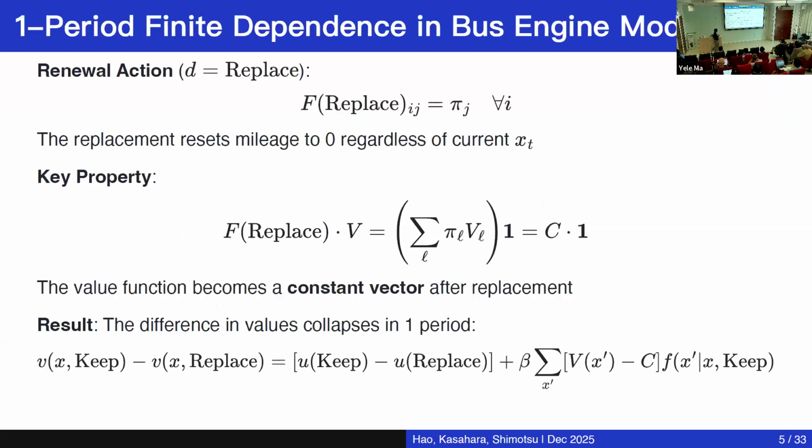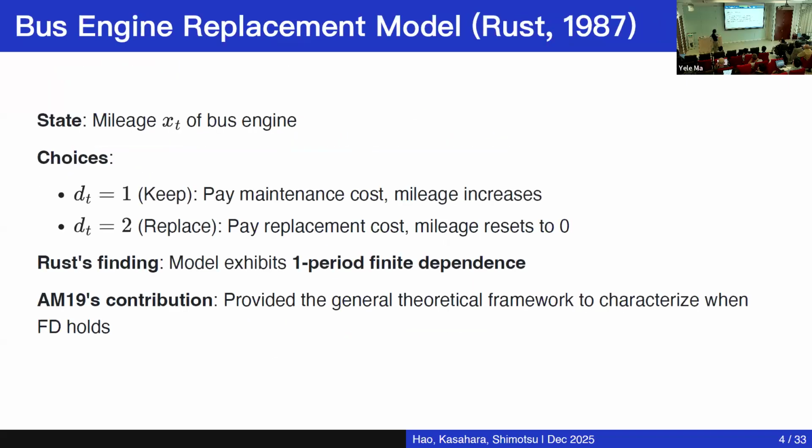Decision 1 is keep, decision 2 is to replace, and the model exhibits finite dependence. That's one-period finite dependence, and that's a well-known result. Here the notation is slightly different. Bob calls it one-period finite dependence, but in Victor's presentation earlier in the winter school, he calls it two-period finite dependence, and I'm going to follow Bob's notation.